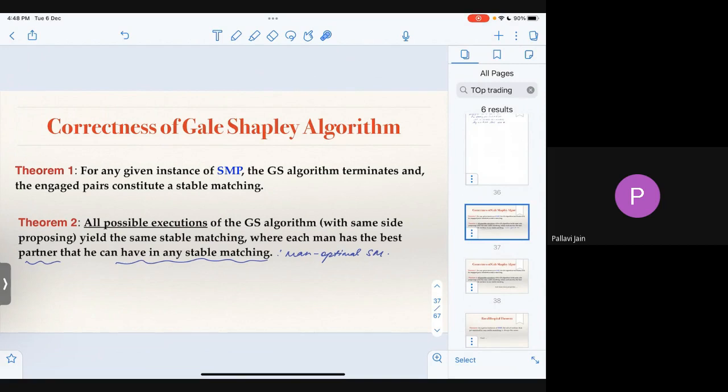It's not at all obvious to me why just picking people's best stable partner would constitute a matching. Not thinking about the Gale-Shapley algorithm, from the definition of blocking pairs, you and I could both have the same optimum stable partner. It turns out that can't happen. So can we prove this?